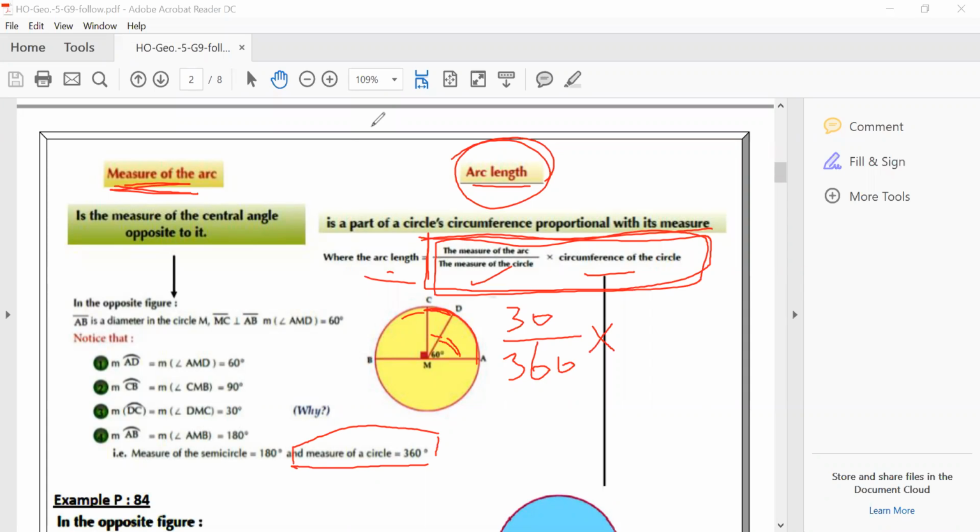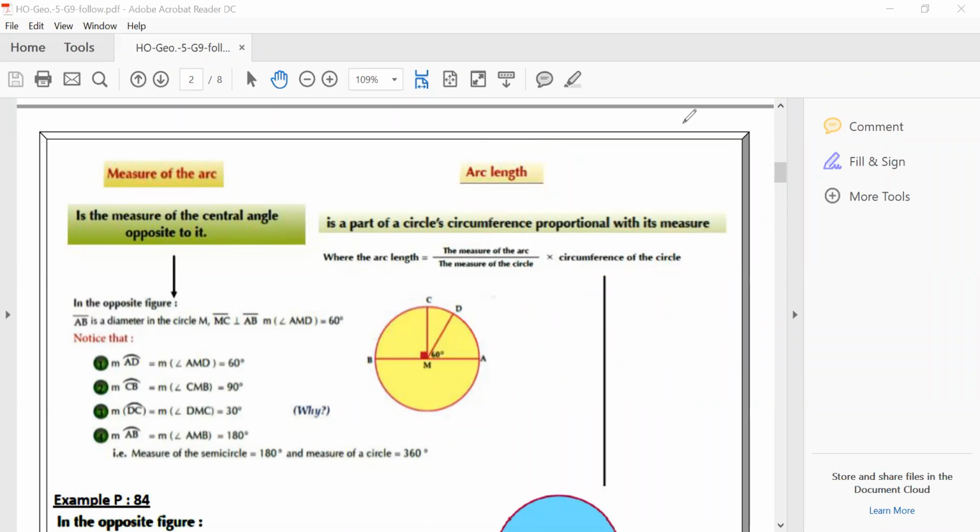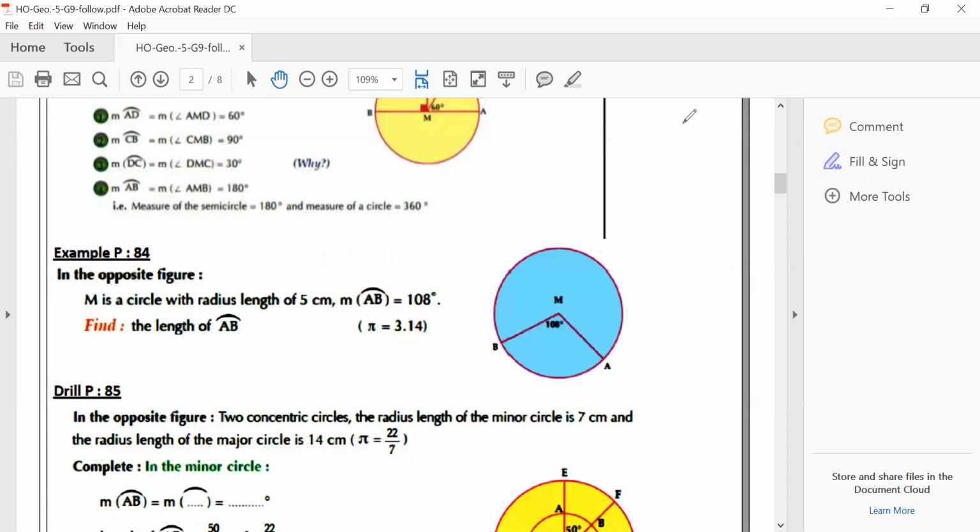The circumference rule is 2πr, so times 2 times π, which will be given, maybe 3.14 or 22/7 according to the question, and r will be given also. Like our example here, he gives me the radius, which is 5, and π as 3.14, and also the measure of the arc. So what is the problem to get the arc length?